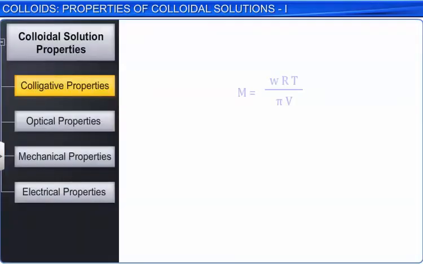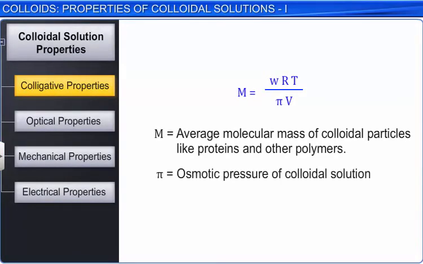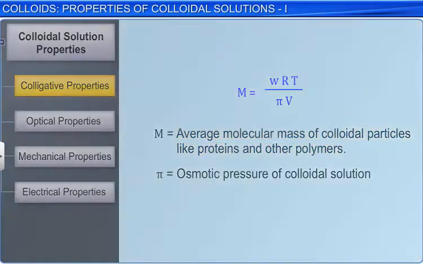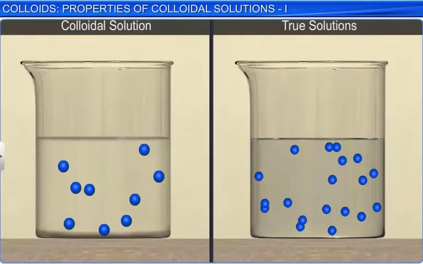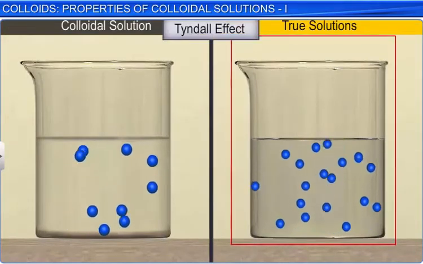This property of colloidal solutions is therefore used to determine the average molecular masses of certain colloidal particles, like proteins and other polymers. One property of colloids that distinguishes them from true solutions is the Tyndall effect.